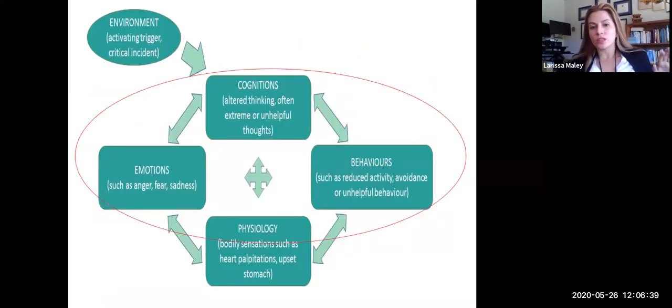Well, it works on what's called the cognitive behavioral triad, which means something happens in the environment. So that's this activating trigger or an incident that occurs. For instance, if you're driving to work in the morning and somebody cuts you off in traffic, that's the environmental activating trigger. The very first thing that happens, even though we're typically not aware of it, is we have a thought or a cognition.